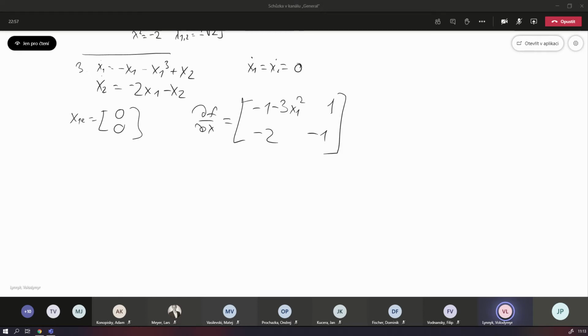At 0, 0, it's equal to minus 1, 1, minus 2, and minus 1.